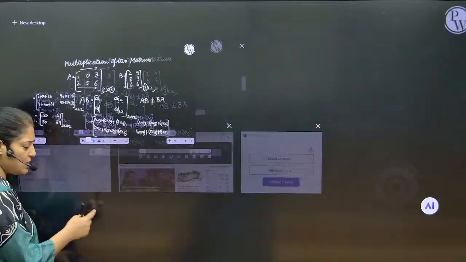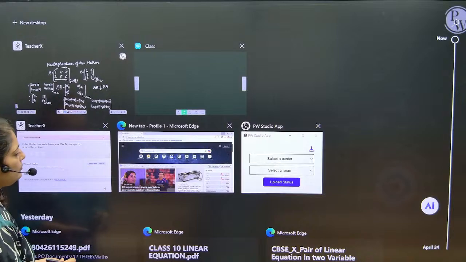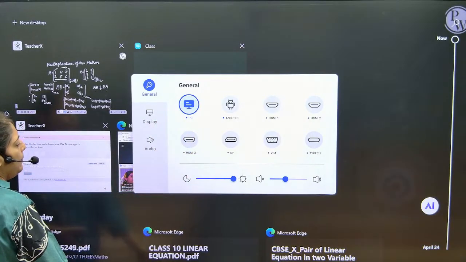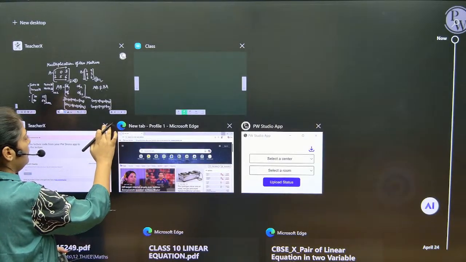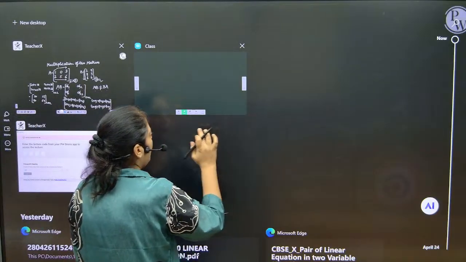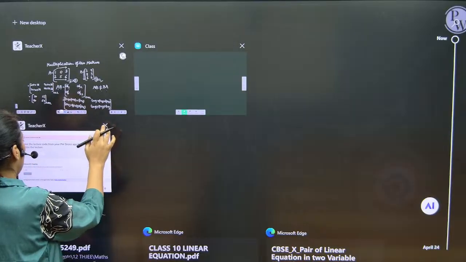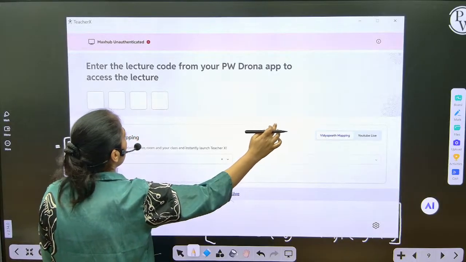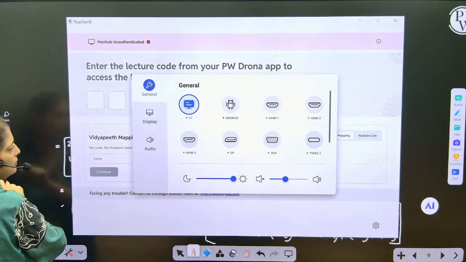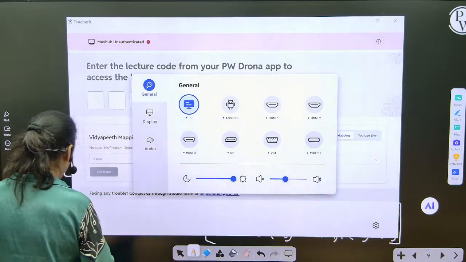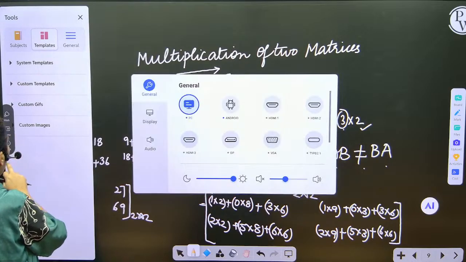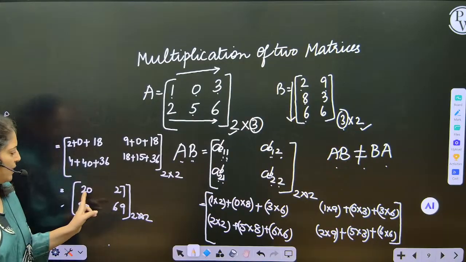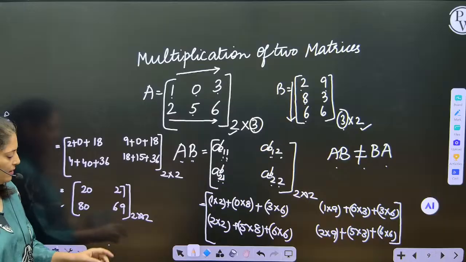Second thing, elements are also not same. Here elements are 20 and 27, 80 and 69.